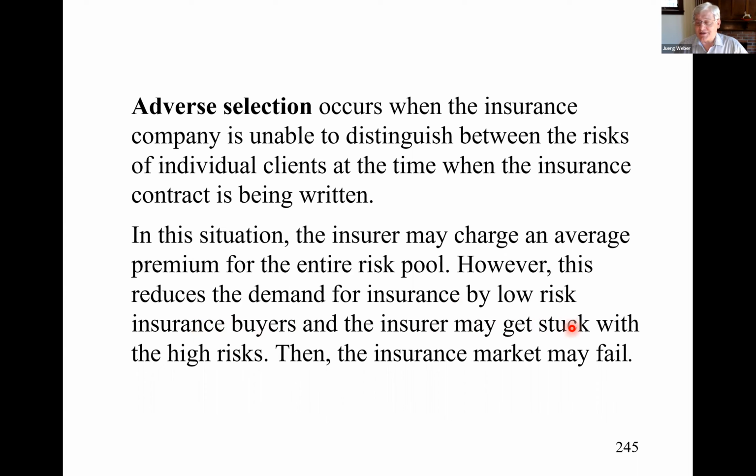Their risk is bigger and they know it. They know that they are smoking cigarettes and so on. So if the insurance company just calculates an average risk premium for everybody, then the low risk people will refuse to buy insurance. The high risk people will be happy to buy insurance, but then this average premium will not cover that high risk, and the insurance market really may fail.